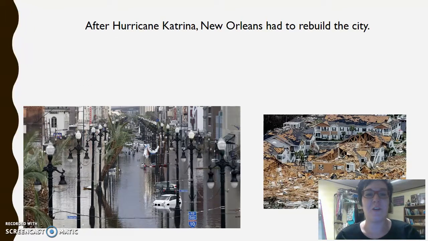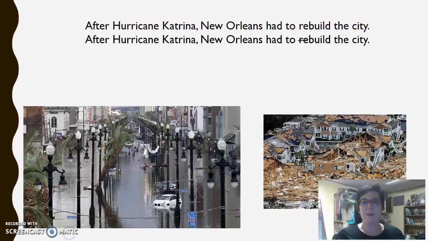Now, after Hurricane Katrina, New Orleans had to rebuild the city. What word in there has a prefix that we could maybe try to decipher? Rebuild, you're right. So after Hurricane Katrina, New Orleans had to rebuild the city. If we get rid of the re, it just becomes build.